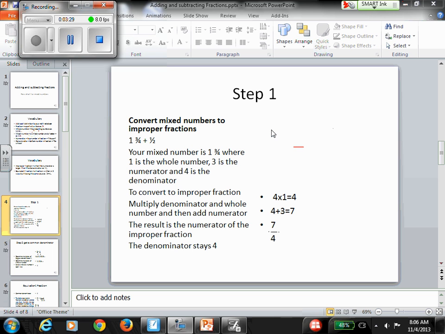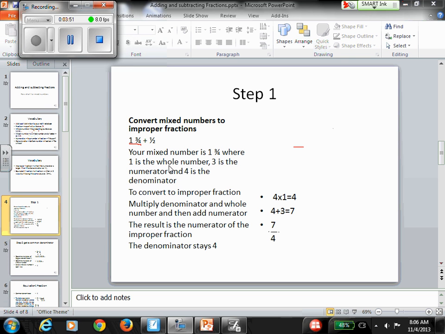Now we're going to cover the steps to convert mixed numbers to improper fractions. We've tried this several times and you're quite successful at it. When I notice the difference is when I want you to add two numbers, one of them has a mixed number.